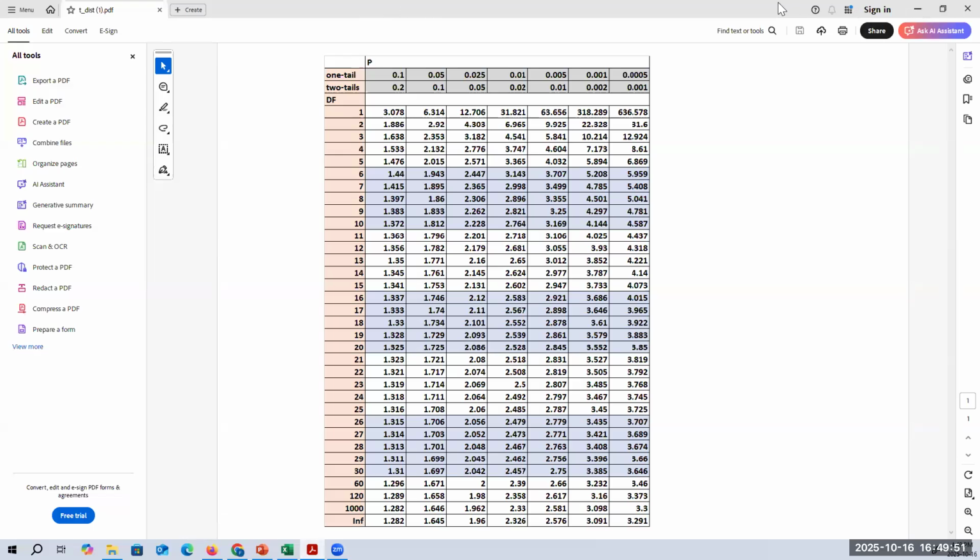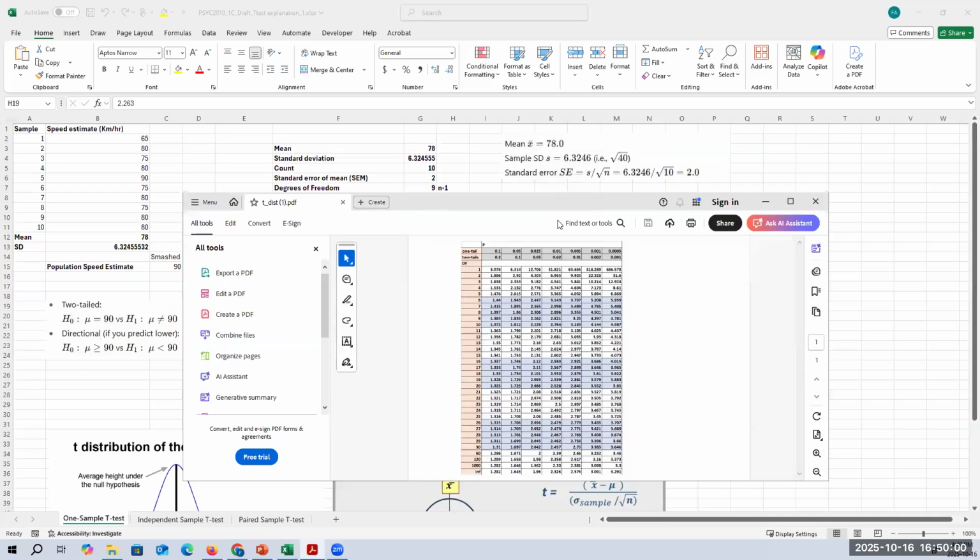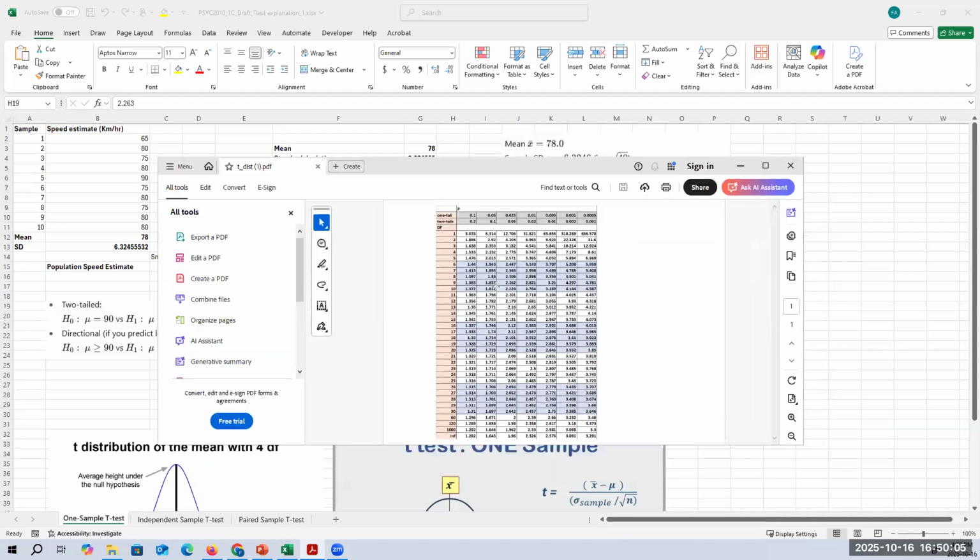So we have 10, right? 10, and then we have, what is it? 10 and 0.05 is p, and then 90 at 10, 0.05.